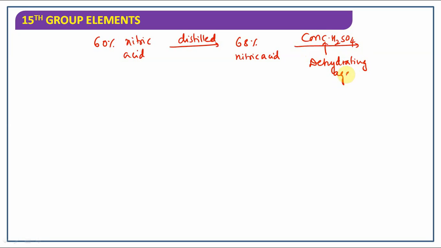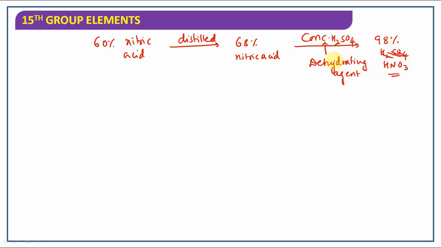So what will happen? Any amount of water that is pending can also be removed. It will give you 98% nitric acid, and that is nothing but almost pure nitric acid. Is it clear, children?